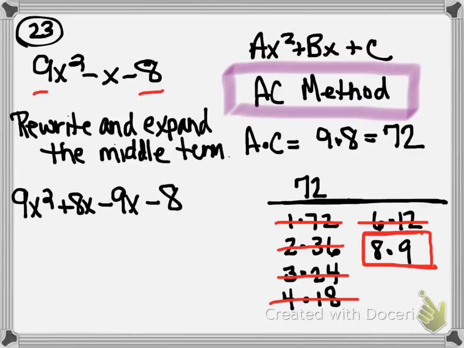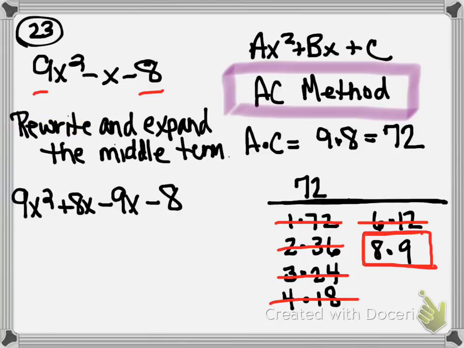Now, if you look at that, does this indeed equal what we started with? Are these equivalent expressions? Does 9x squared minus x minus 8 equal 9x squared plus 8x minus 9x minus 8? Yes, it does. If you were to combine like terms in the bottom, they would be equal. So you haven't changed anything. You've just rewritten the original expression.